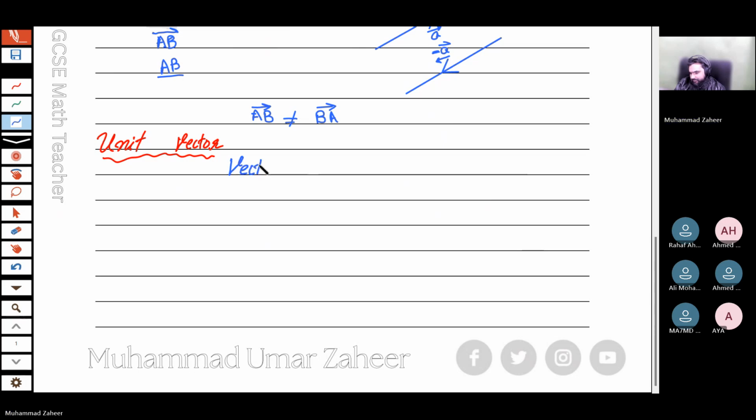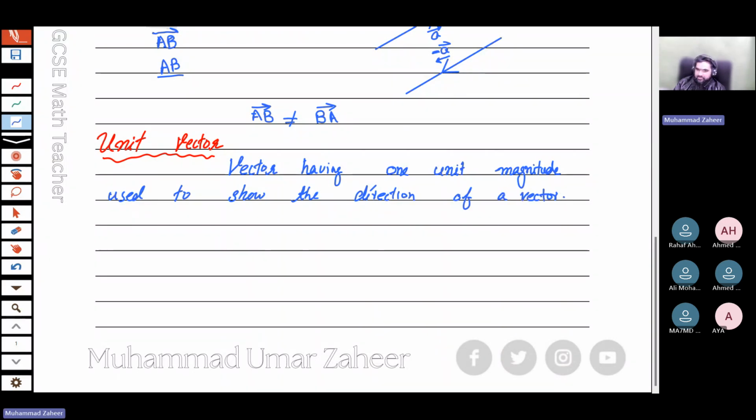So a vector having one unit magnitude, used to show the direction of a vector.